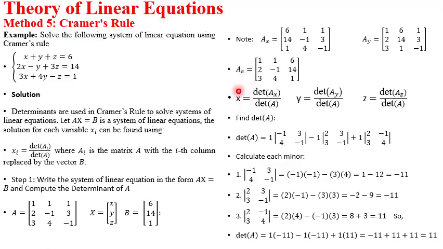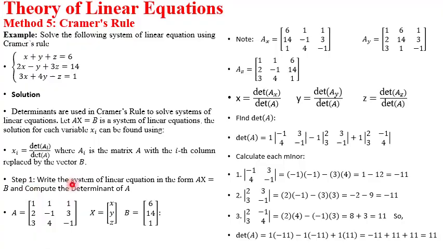Now, Cramer's rule states that the solution to variable X will be equal to the determinant of AX all over the determinant of A. The solution to variable Y will be the determinant of AY all over the determinant of A. And also, the solution to variable Z will be the determinant of AZ all over the determinant of A.